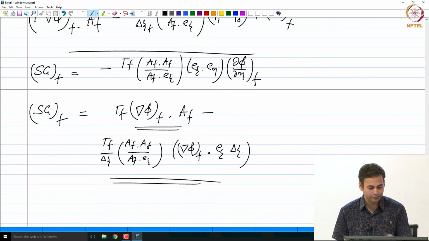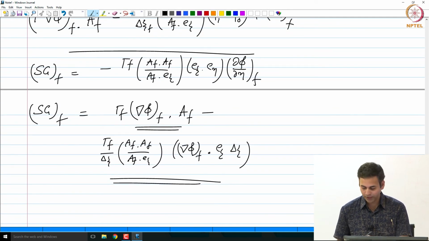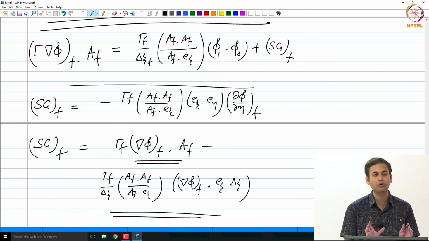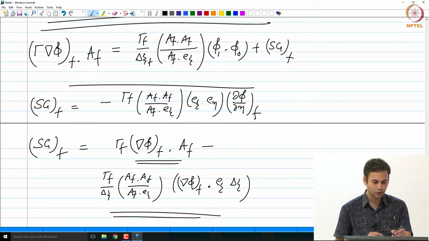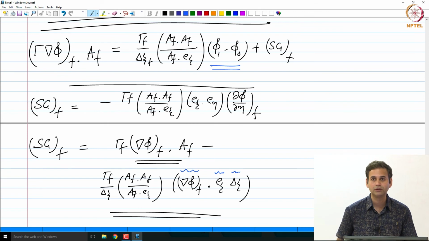So, what I have written is I have changed a little bit here. Instead of writing phi 1 minus phi 0, I have replaced that with the grad phi. I somehow know what is the gradient on the particular face. So, if I take a dot product with the xi direction, I would get the component of that in the direction of xi, multiply with delta xi, that will give me this difference phi 1 minus phi 0.